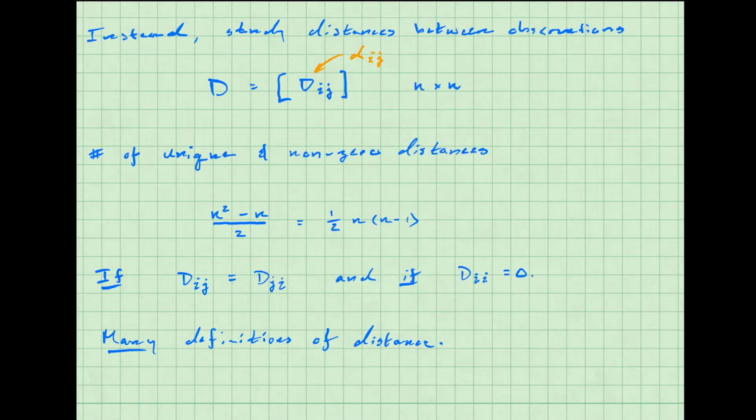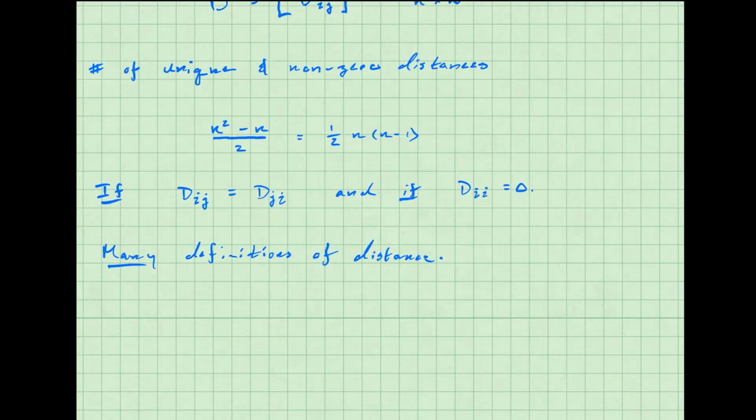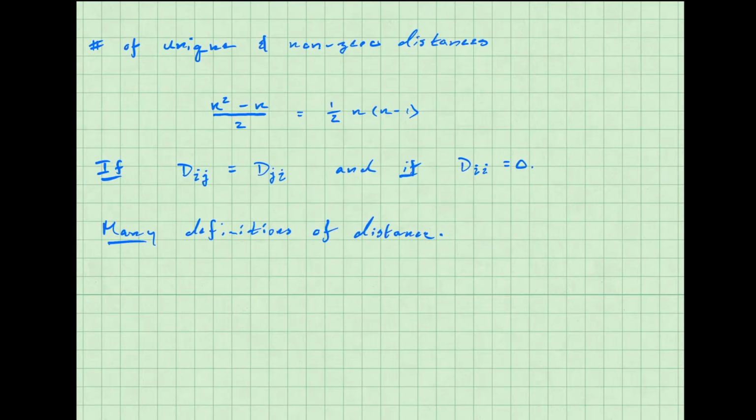And so clearly, the distance from point A to point B, which then really means the travel time between point A and point B, might not be the same as the travel time from point B to point A, because the traffic might be different getting from one to the other. That one doesn't so easily explain the diagonal elements being non-zero, unless you have some idea of some path that you had to take that would make non-zero travel times to start at one place and finish at the same place. But so there's lots of these different definitions, and often it's not necessarily super clear what is the most appropriate definition of distance for your particular problem.